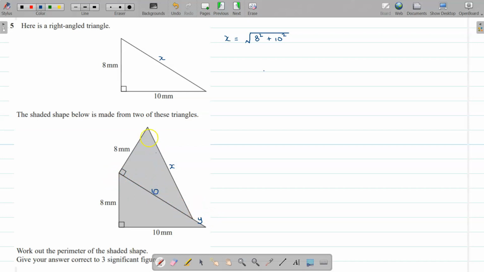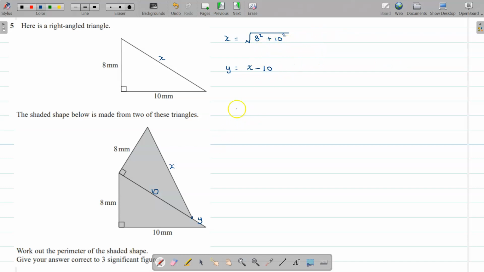Because this is the base of this triangle, up to here is 10. So this bit y is that answer. So y is the length I've got there, which is x minus 10. Okay, because that value of x is a little bit more than 10.